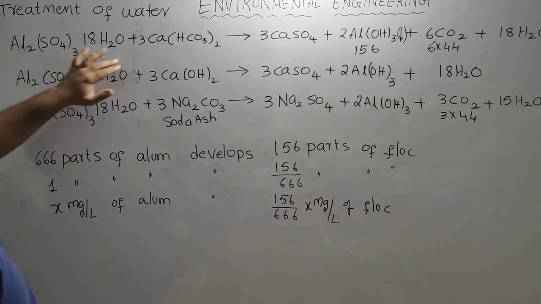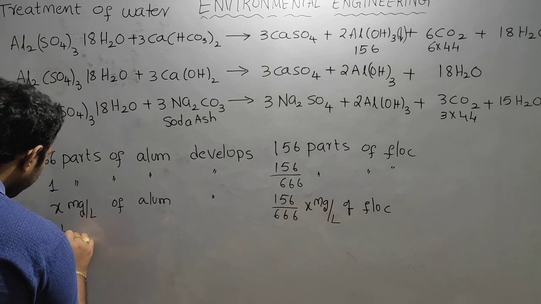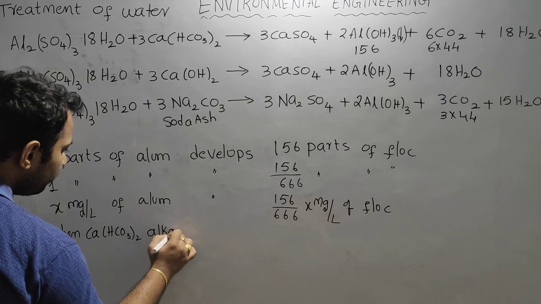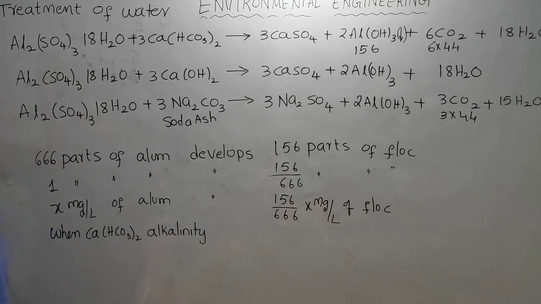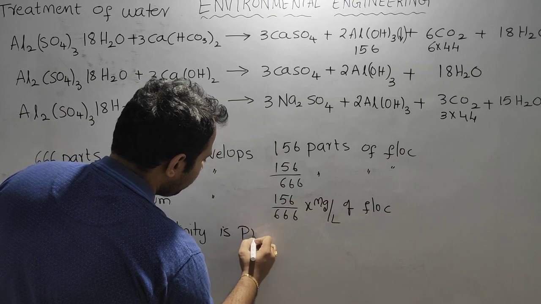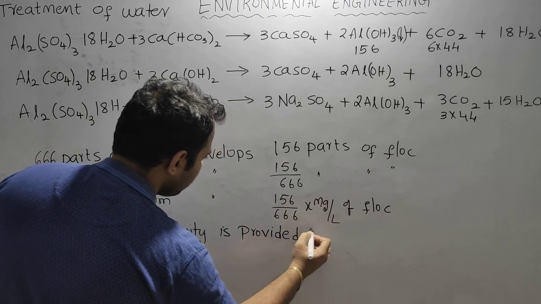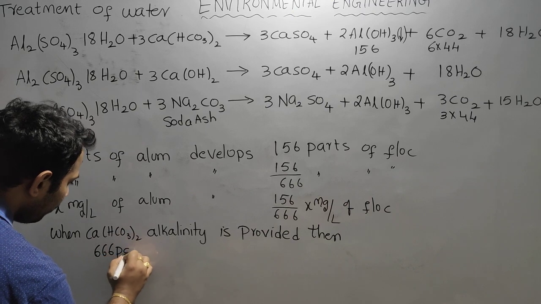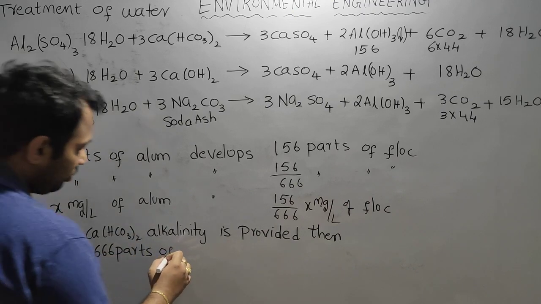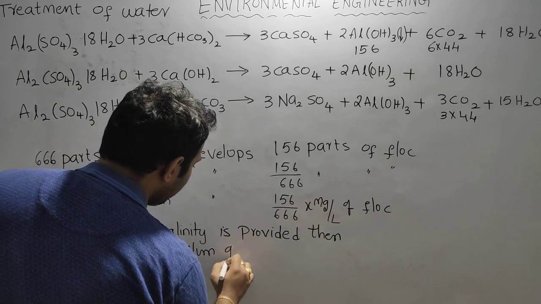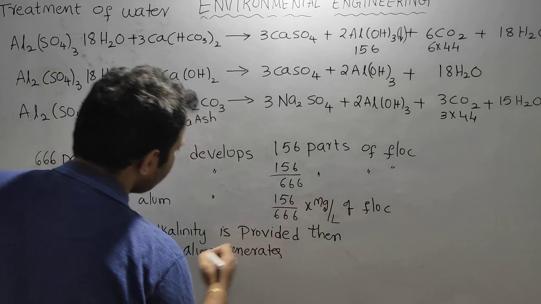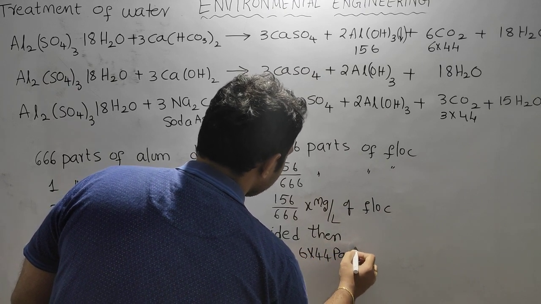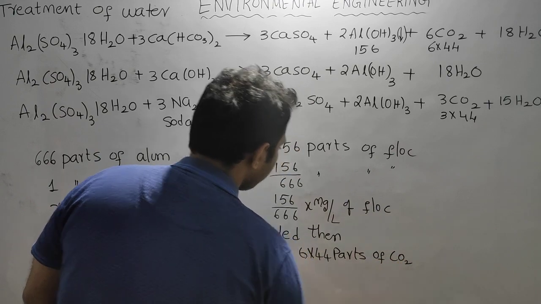Similarly, when Ca(HCO3)2 alkalinity is provided, then 666 parts of alum generates 6 into 44 parts of CO2.